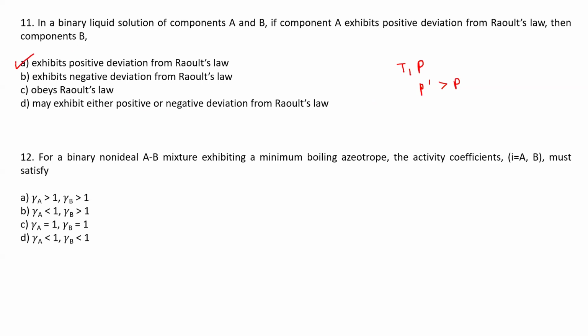Next, for a binary non-ideal A-B mixture exhibiting a minimum boiling azeotrope, the activity coefficients must satisfy... So as I explained, this is a minimum boiling azeotrope.